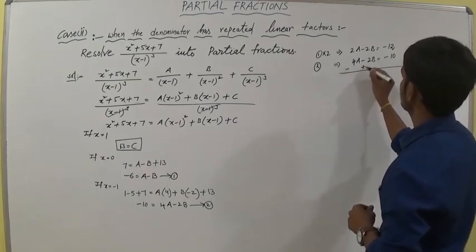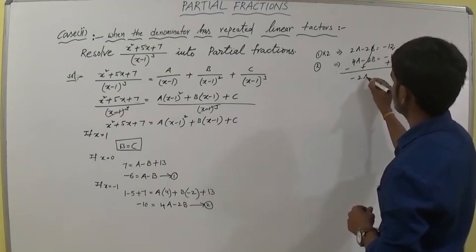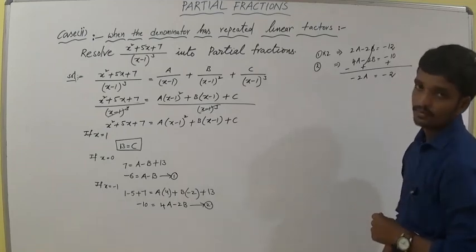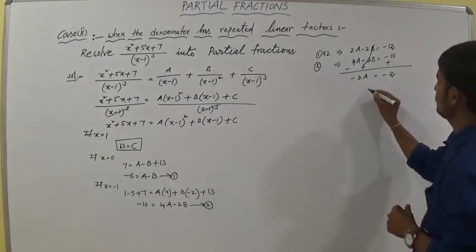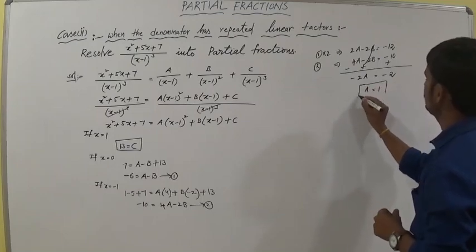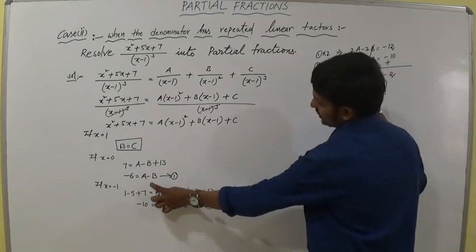Changing the signs, these two are cancelled here. Minus 2a is equal to minus 2. Am I right? So a is equal to 1. So I am substituting a is equal to 1 in the equation 1.